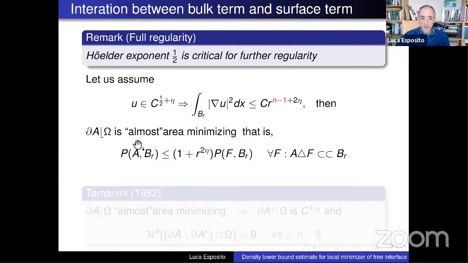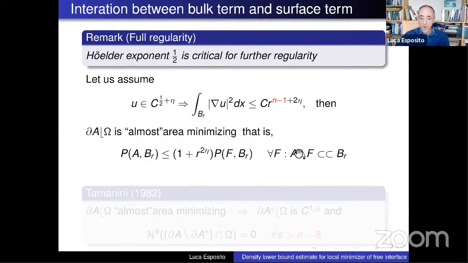So in this case, if you have this regularity assumption for u, the boundary of A is almost area minimizing. That is, the perimeter of the set A inside B_r is less than or equal to 1 plus r to the power 2 eta times the perimeter of any other competitor F. And of course, the competitor must coincide with A outside of the ball.